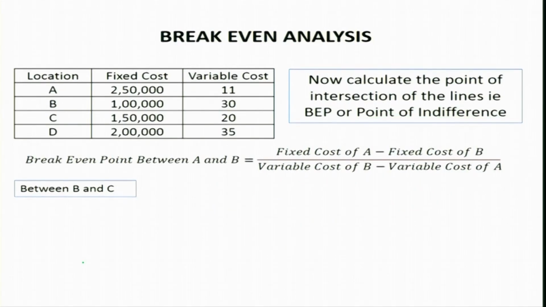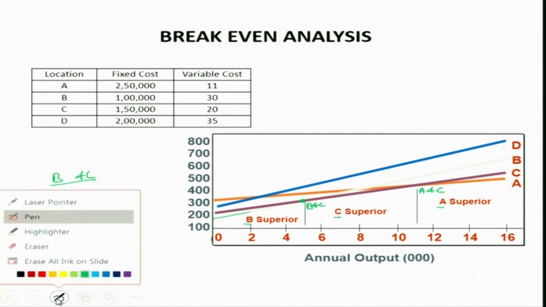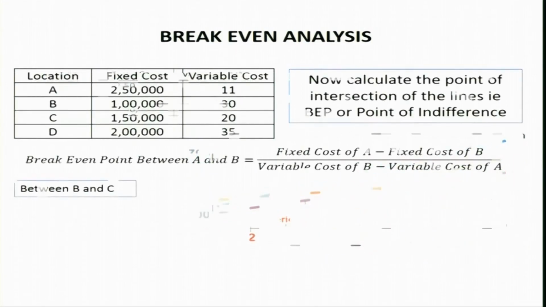Now, let us see. In the previous slide we said that we have to find out the point of intersection of B and C, and also the point of intersection of A and C. Let us write here B and C, and then A and C we will calculate. For B and C, what is my fixed cost of B?